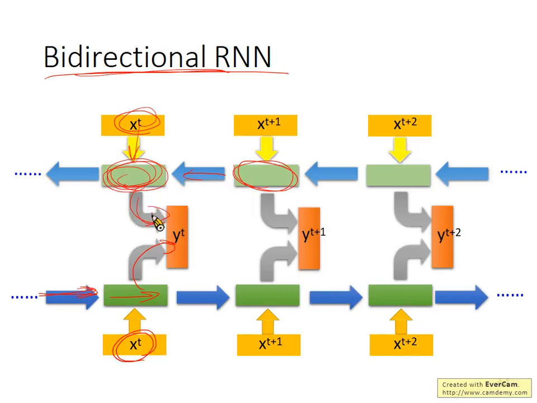By jointly considering these two pieces of information, we finally output the result for xt. So we consider the memory information from left to right and also from right to left. This is called bidirectional RNN. It is quite common when we try to describe a sentence, because to understand an individual word in a sentence, we may consider the whole context. That means we need to consider the words before and the words after.